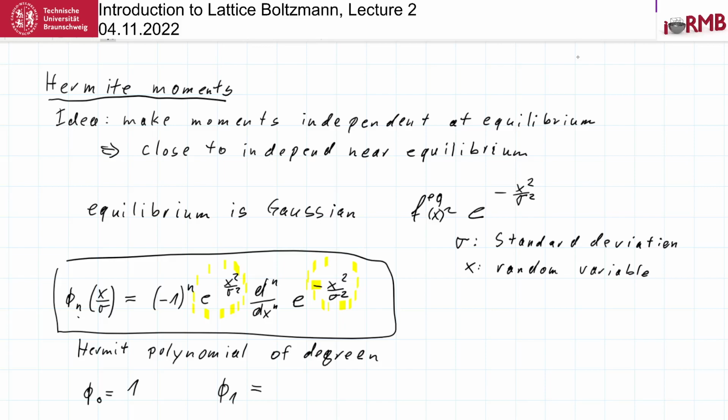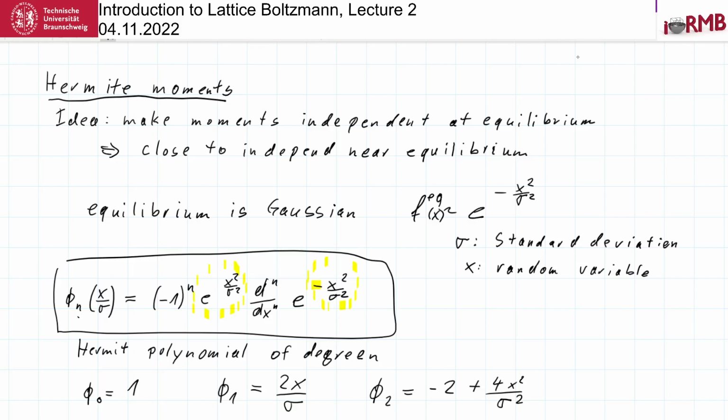Phi 1 is 2x divided by the standard deviation. Phi 2 now is minus 2 plus 4x squared divided by sigma squared. And this is going on and on. So these are the Hermite polynomials in one dimension.